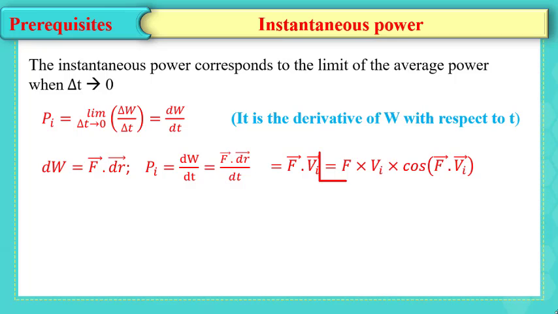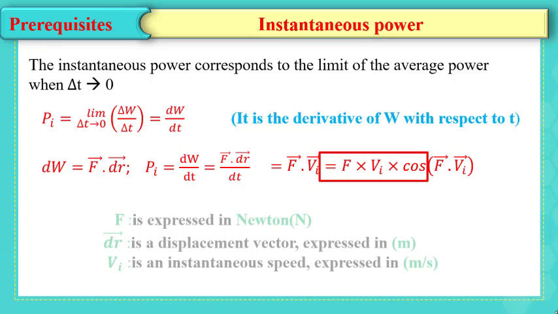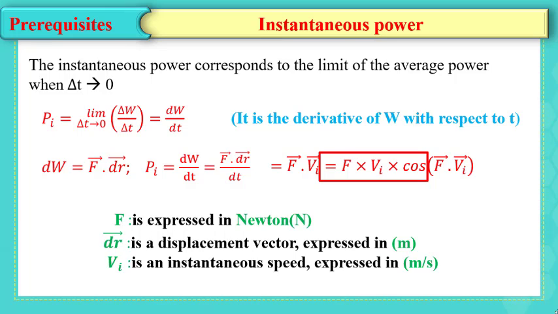Finally, we say the instantaneous power can be written as F times v instantaneous times the cosine of the angle between F vector and v vector. F is expressed in Newton, dr is expressed in meter, v is expressed in meters per second.